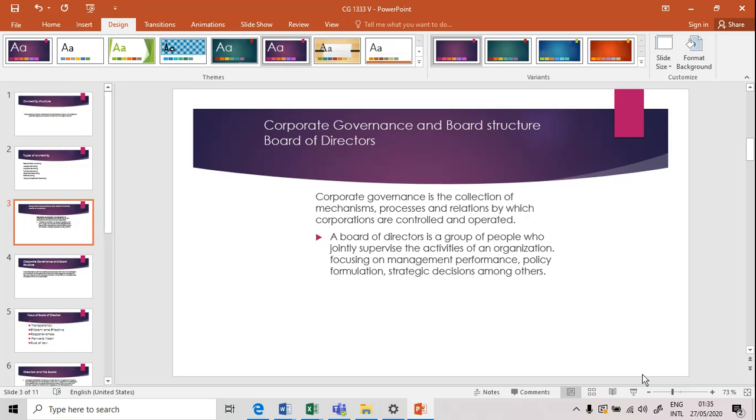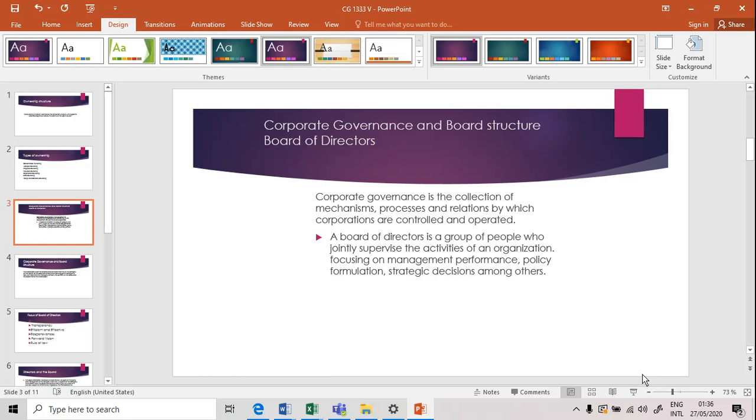More often than not, in most countries of the world, these directors are subject to re-election periodically by the shareholders. Now, this appears to give the shareholders power, and then shareholders have to place trust in those who act on their behalf, and those who act on their behalf are the board members.